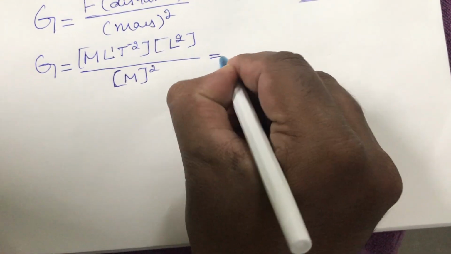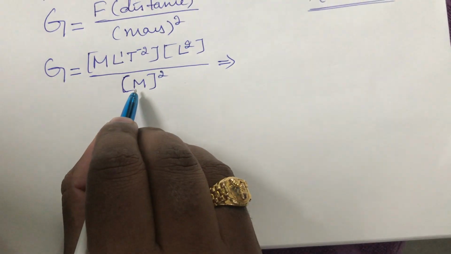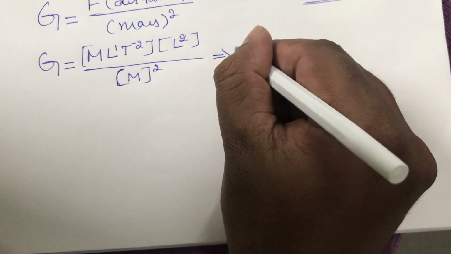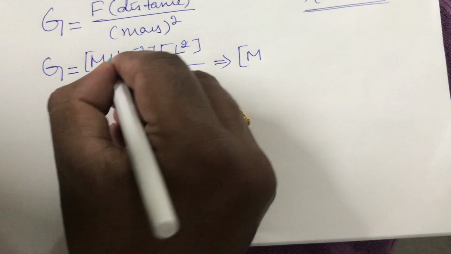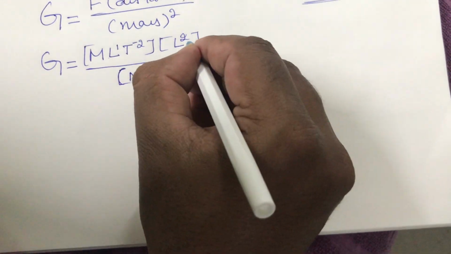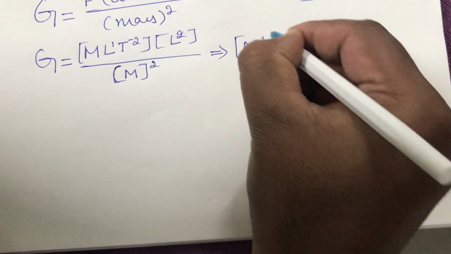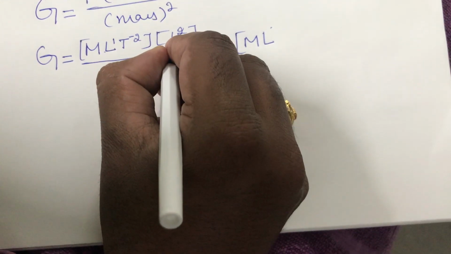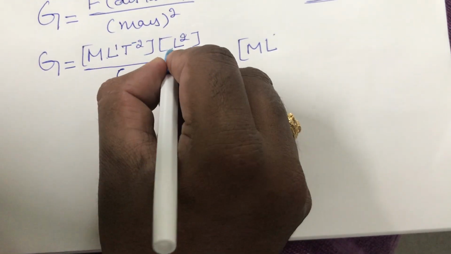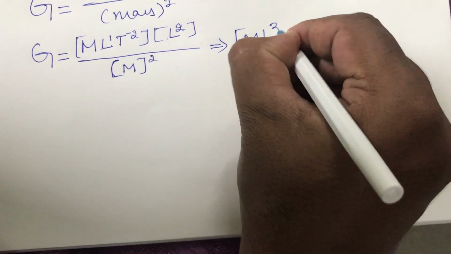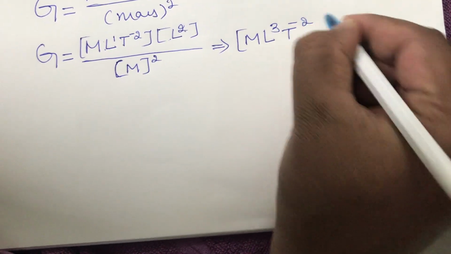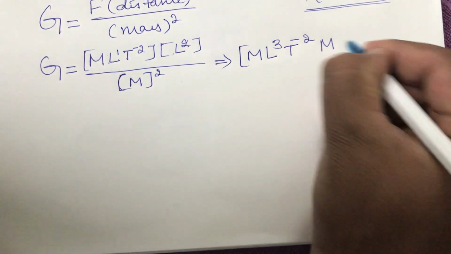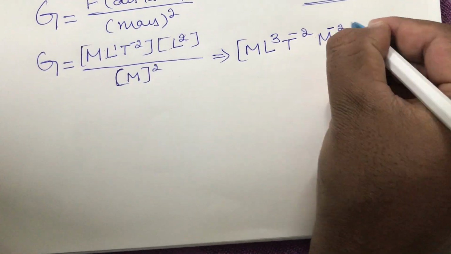When you take this m whole square up, it will become m to the power minus 2. Now l to the power 1 and l to the power 2, okay, both are same base, I mean length, and powers also same, so I'll write it as l to the power 3 and t to the power minus 2, and when it comes up it will become m to the power minus 2.